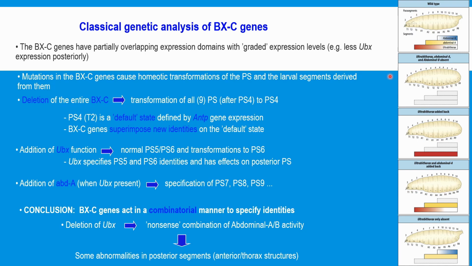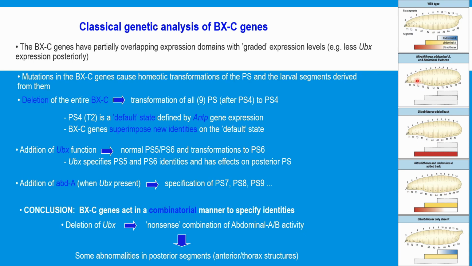And mutational analysis is demonstrated here. If they deleted the entire bithorax complex, so ultrabithorax, abdominal A, abdominal B are absent, then they had transformation of the 9 parasegments after parasegment 4. Here, the following 9 parasegments were transformed to have the identity of parasegment 4.